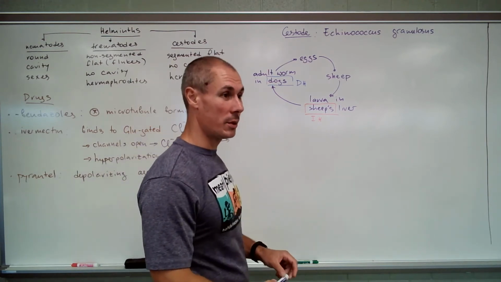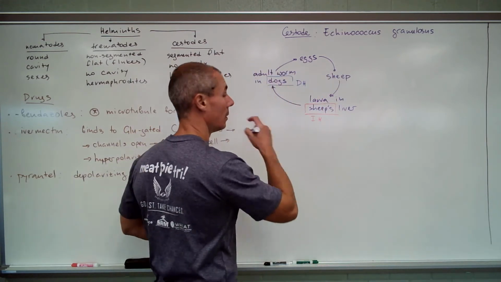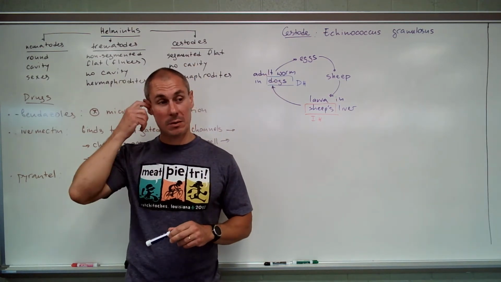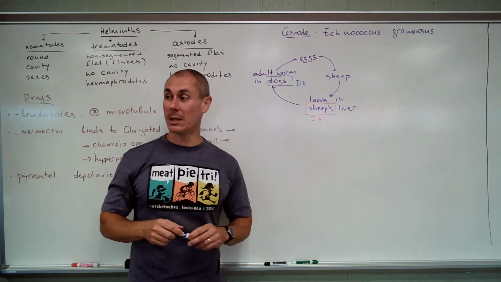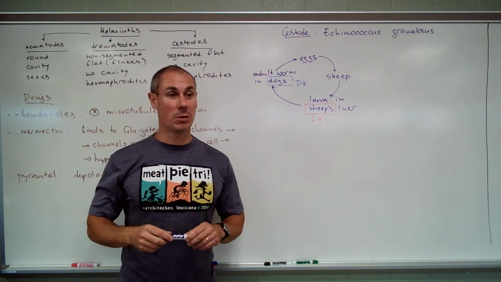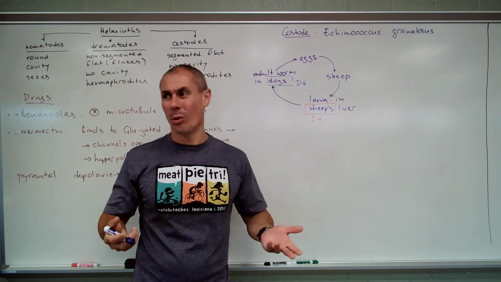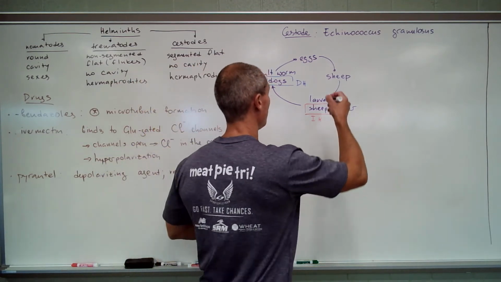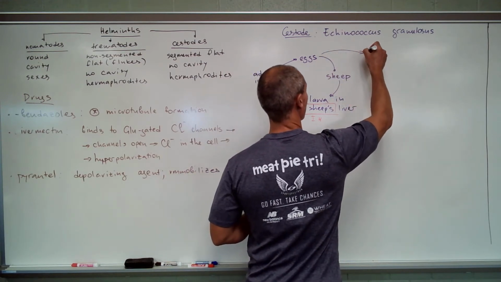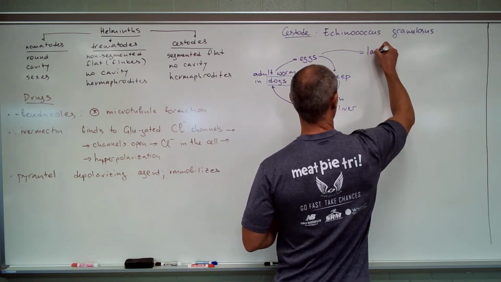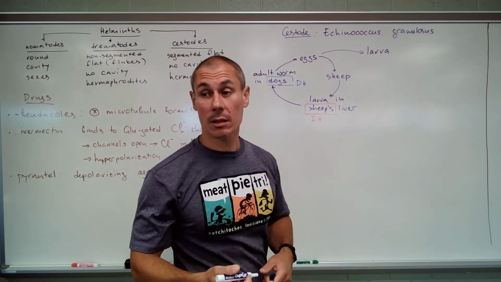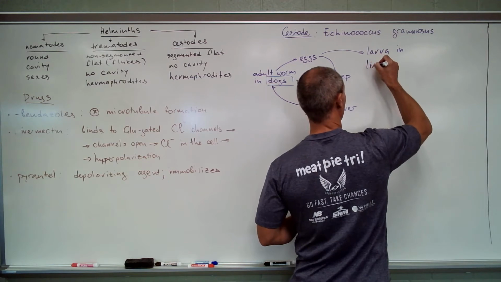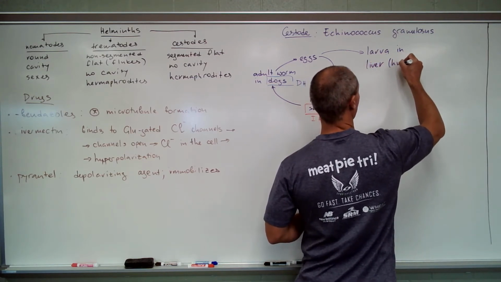So where do humans come into play? As one student wrote in answer to the same question last year, humans eat dog's poop. We don't really eat dog poop, right? But there's contamination. So humans consume eggs accidentally, resulting in larvae hatching in the human liver.